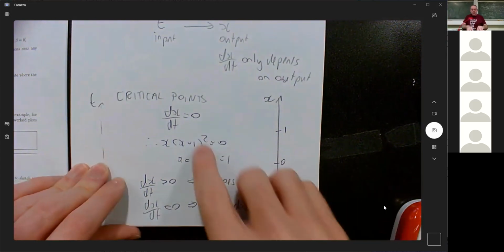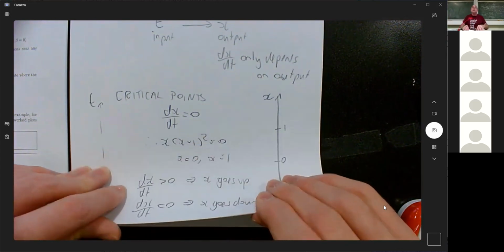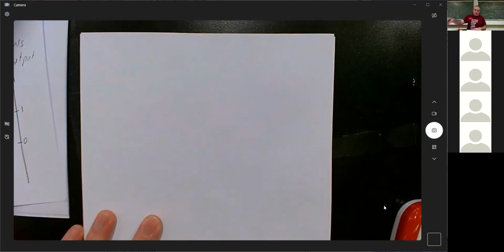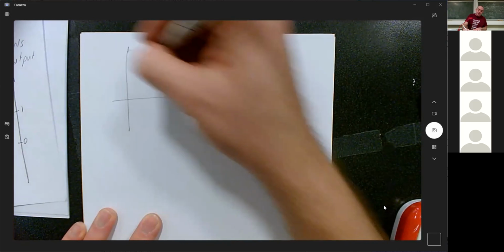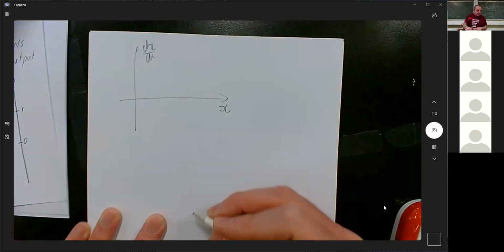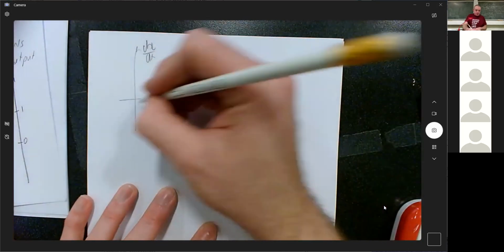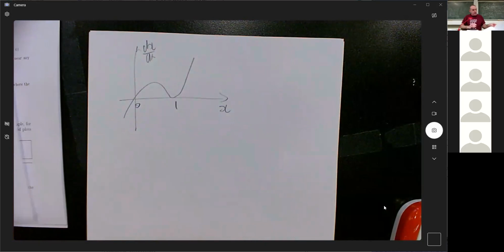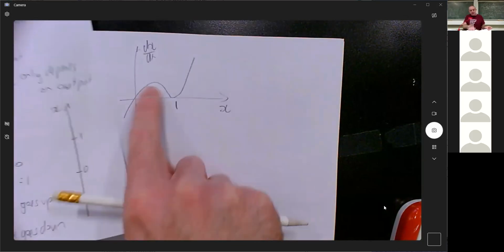And most people would actually draw this graph and just look at where it's positive and negative. They actually would draw this picture. This is x and this is dx on dt. And it's x squared minus 1, which looks like that, because the squared here makes it touch the x-axis like a parabola at that point there.